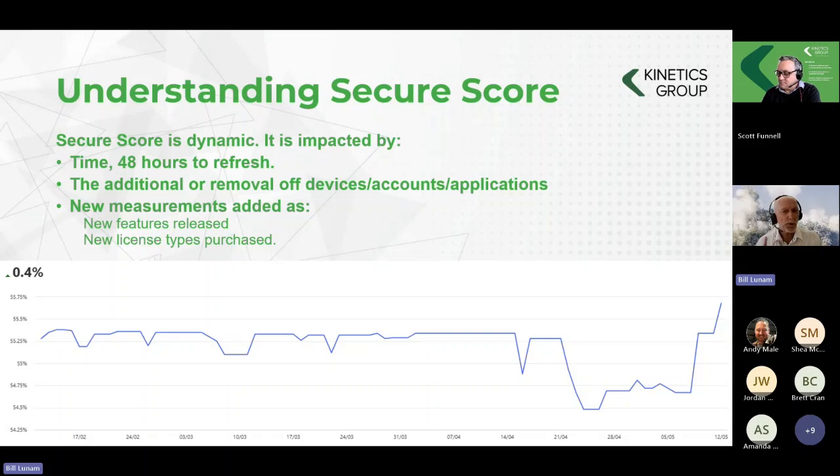Your score will also change as license types are added or removed, because it's based on the available features to you based on the licenses that you have. It will also change as features are added. Microsoft will bring on new features or a new measure, even removed, replaced, or moved between license types.